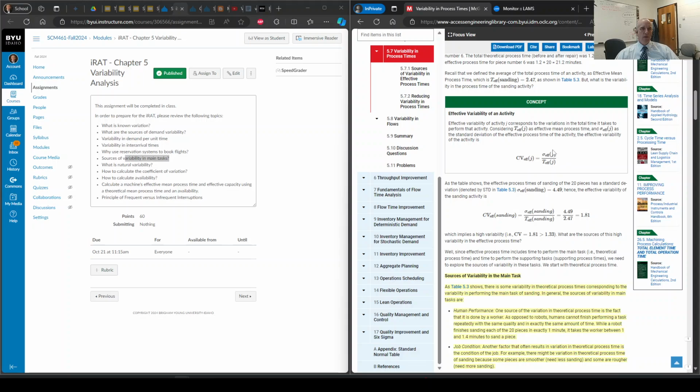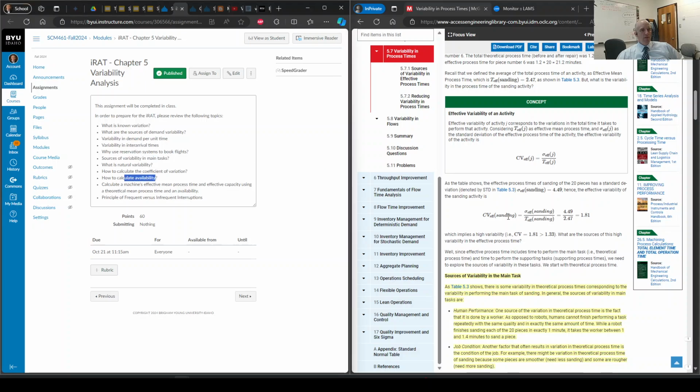That same formula can be found here too. An effective variability, the coefficient of variation is the standard deviation divided by the mean. The mean effective mean process time. And this is the standard deviation of the effective process time of the activity. That is the coefficient of variation. So standard deviation divided by the mean.